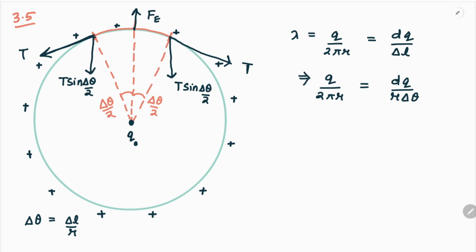So from here we have charge dq being equal to q delta theta upon 2 pi.